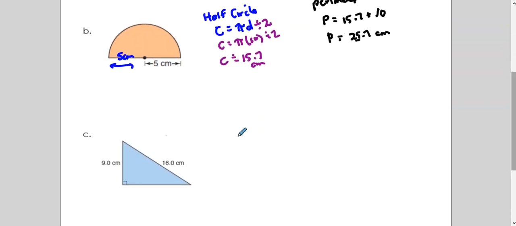All right. What do I have here? Well, I have a right triangle. Do I know all my sides? Well, no. So guess what? I think I might have to use the Pythagorean theorem to find that missing side.